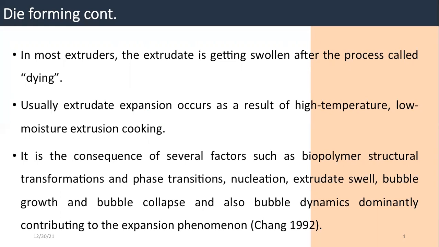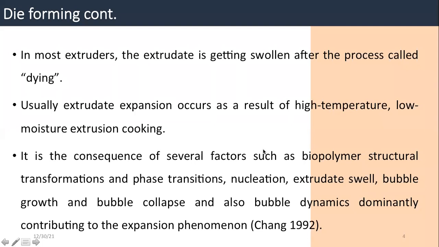There are several types of food products, but expanded food products are very popular. What are the reasons for expansion? Temperature and moisture. If we are going to develop expanded food products, it is necessary to use high temperature and low moisture.